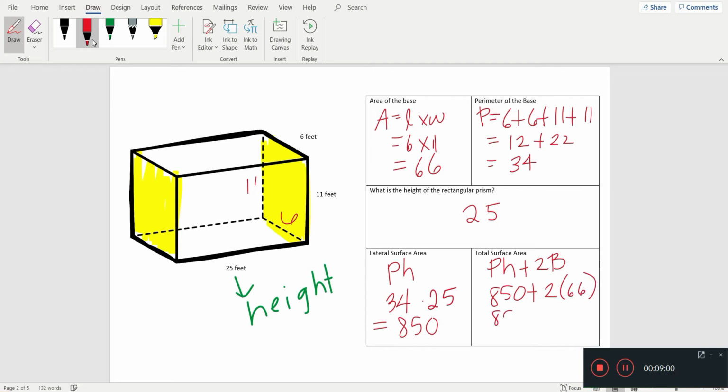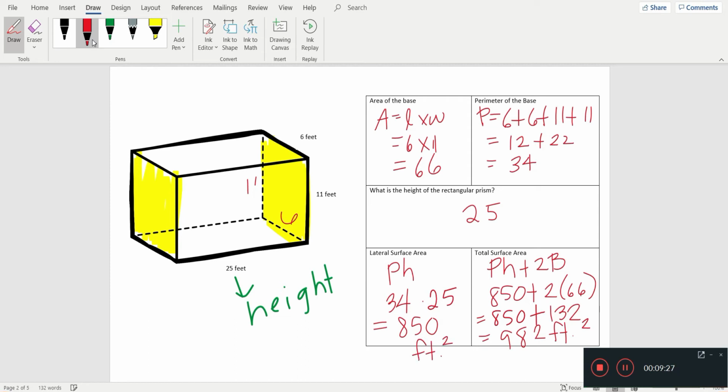What's twice the base? 66 times 2 is 132. And if I add that to 850, it is 982. So 982 feet squared, and also here, feet squared.